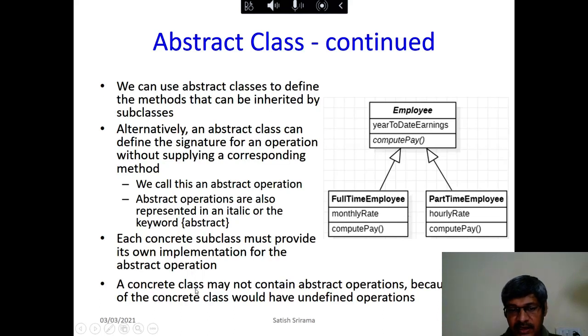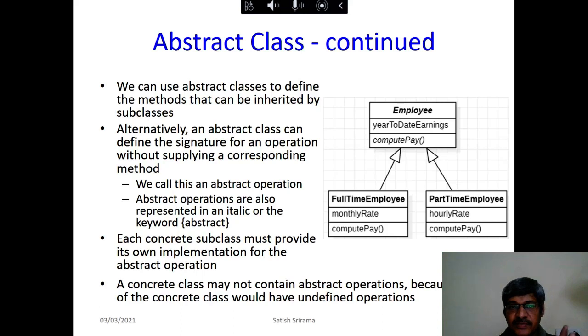A concrete class may not contain abstract operations, because objects of the concrete class would have undefined operations. If you are creating an instance from a class, it will have all its attributes ready, and all its operations will have their own implementations, meaning their methods are also ready. Only then does it become a concrete class and you can create an instance out of it.